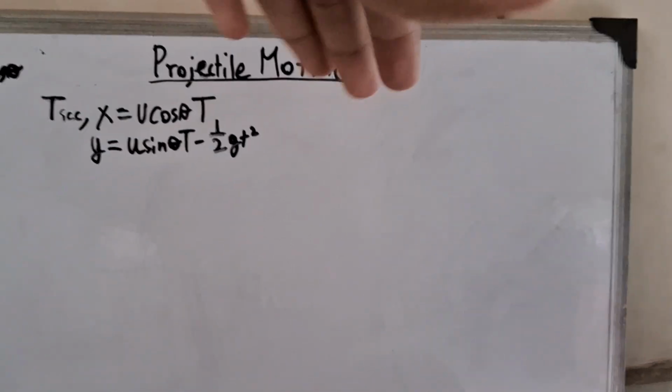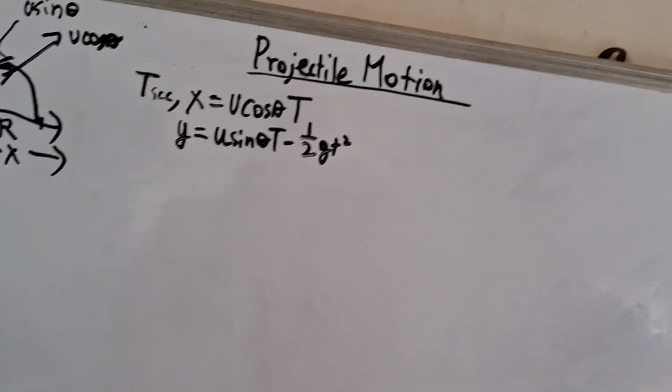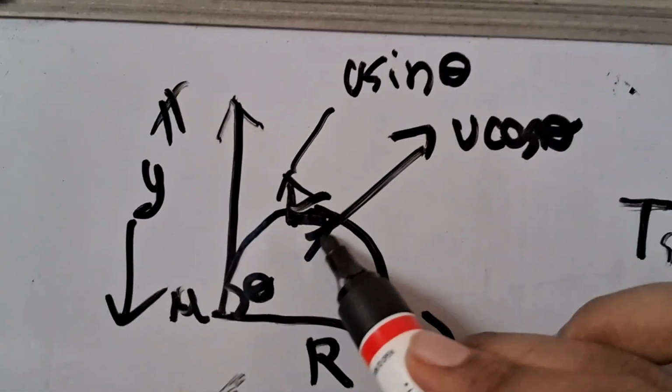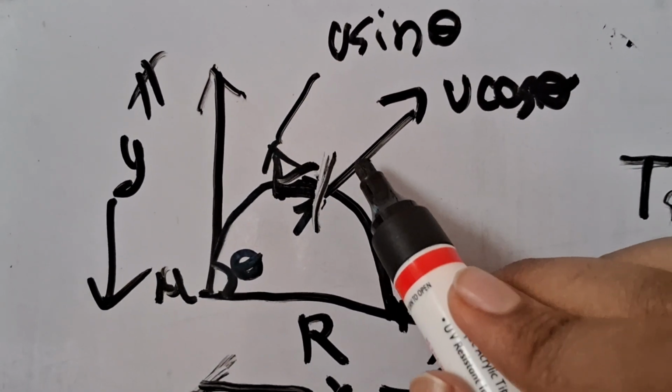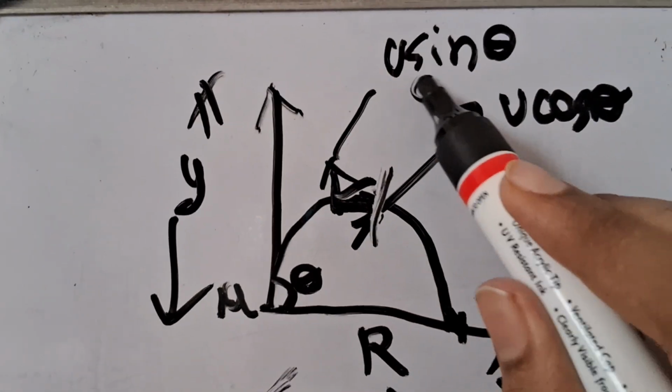Next, we were talking so much about this point where velocity becomes 0. Where does the velocity become 0? Let's talk about it. You guessed it right. Somewhere over here, the velocity is 0.